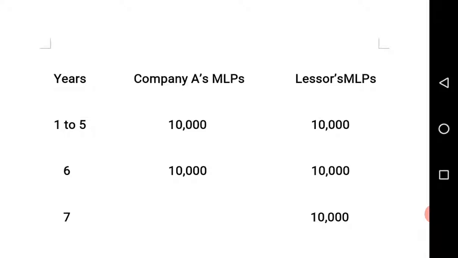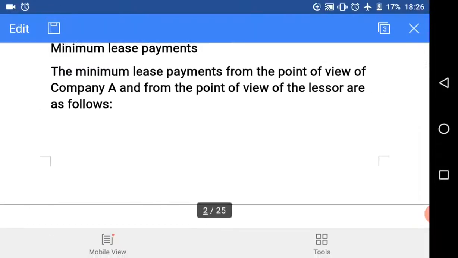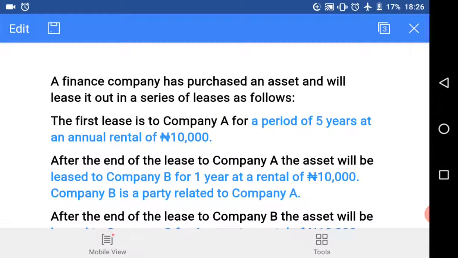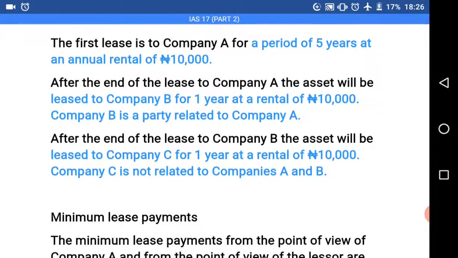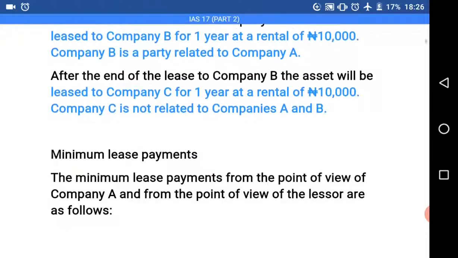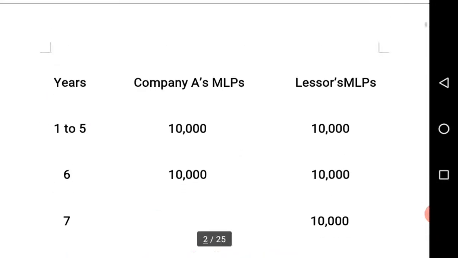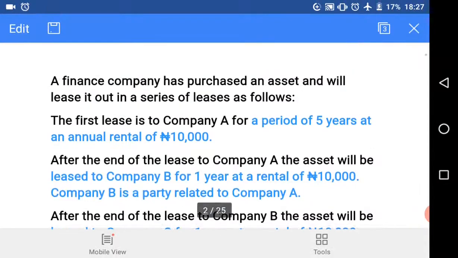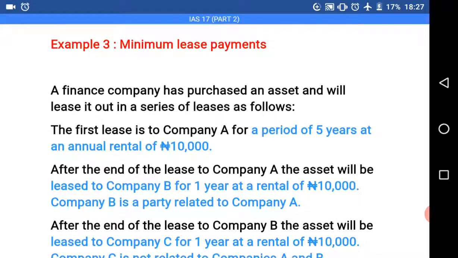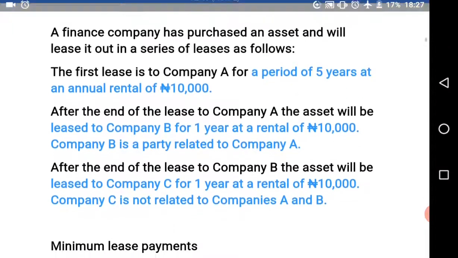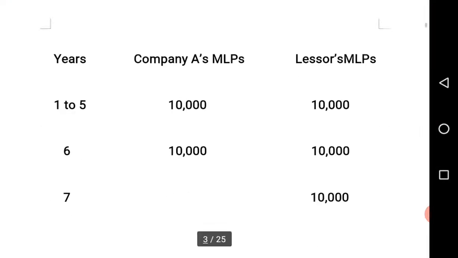So to Company A, the first 5 years which we have here, which was leased directly to him or her, is 10,000 each year. Then the 6th year, which is Company B's own, which is a party related to him, would be added to his minimum lease payments as Company A. That's 10,000 for year 6.